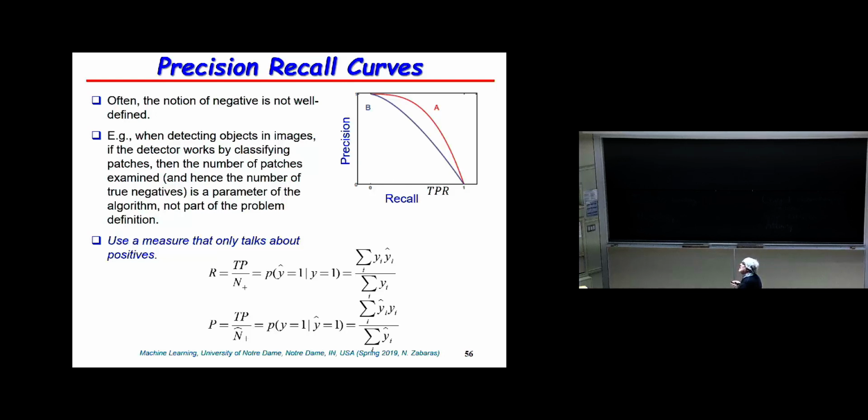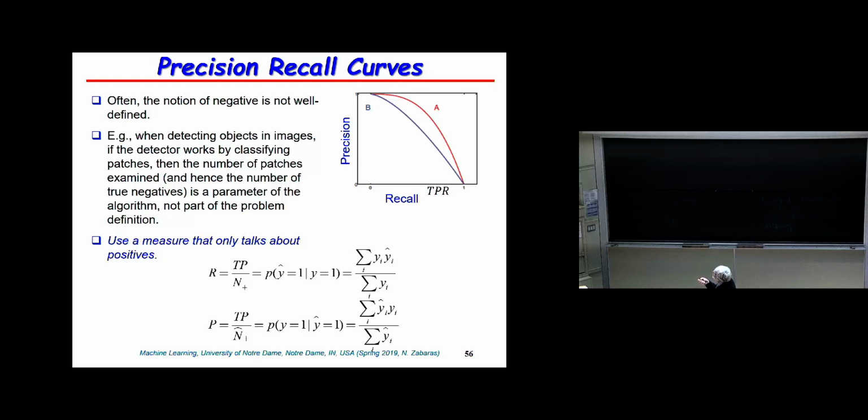Okay? And here I change the notation a little bit. Actually, no, the notation is the same because all the labels are y equal to 1. So effectively, you can write it like that, okay?